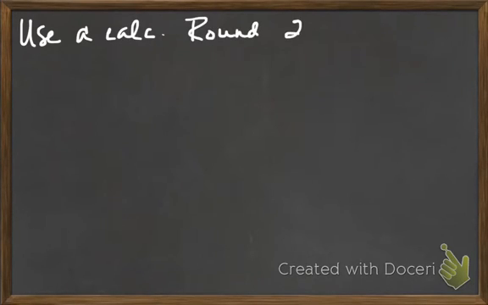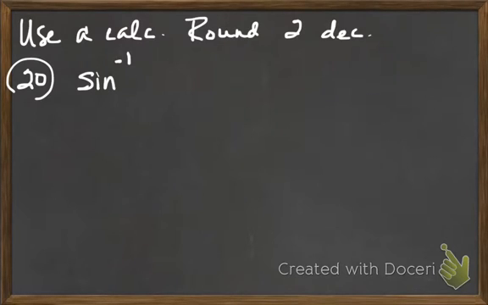All right, next set of directions say use a calculator. You don't have to write this down, I'm just going to write it down. Use a calculator to find the value of each expression. Round to 2 decimal places. All right, number 20. The reason we're having to use a calculator is you'll see when we write the first example, we're doing inverse sine of 0.47.